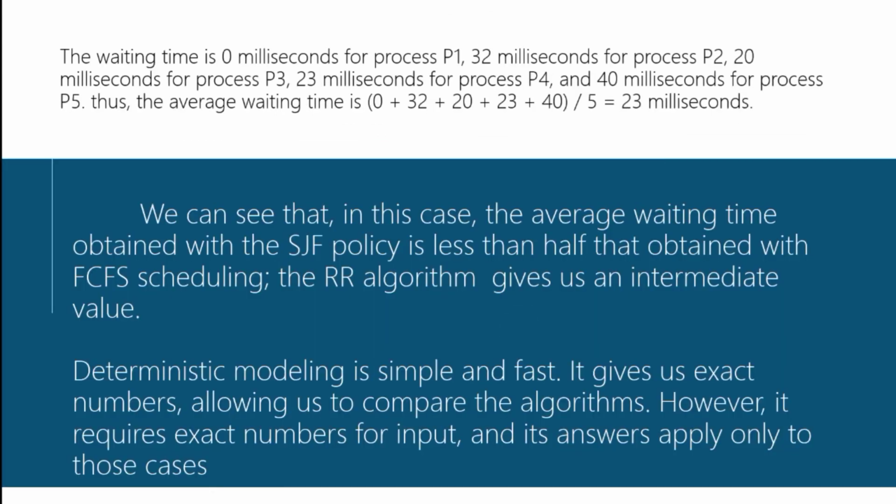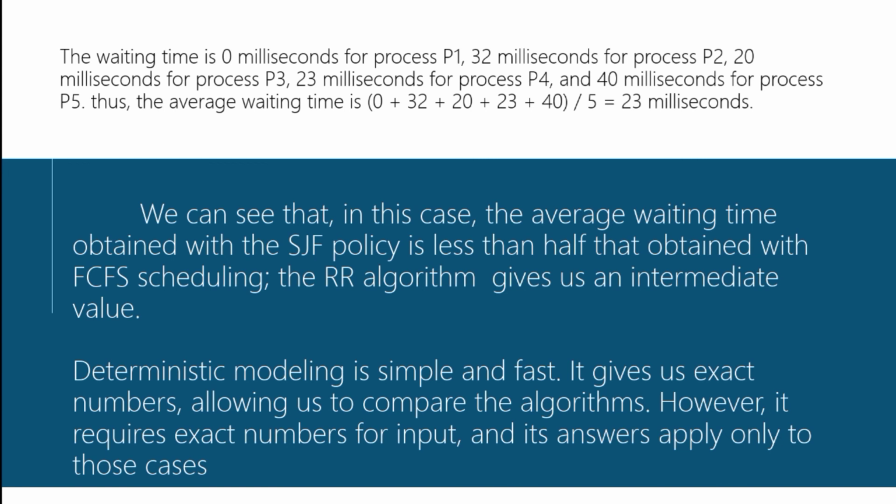We can see that in this case, the average waiting time obtained with the SJF policy is less than half that obtained with FCFS scheduling. The RR algorithm gives us an intermediate value. So deterministic modeling is simple and fast.